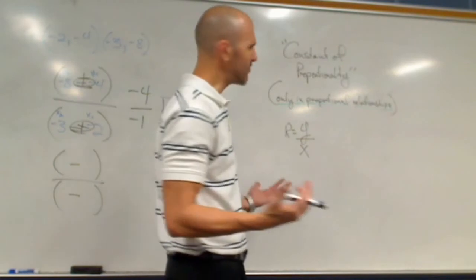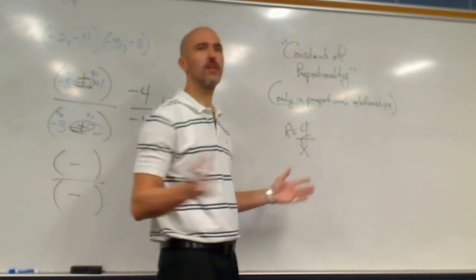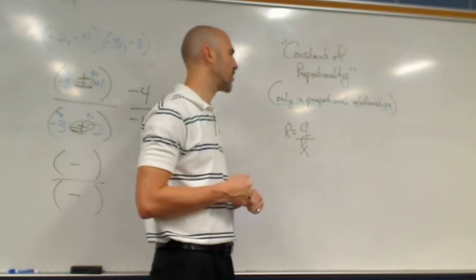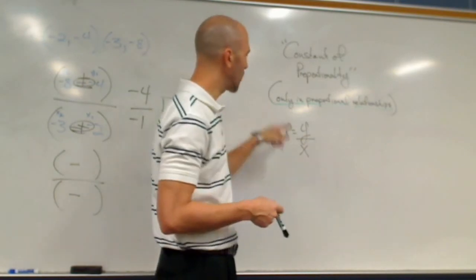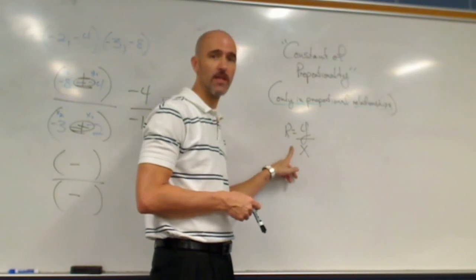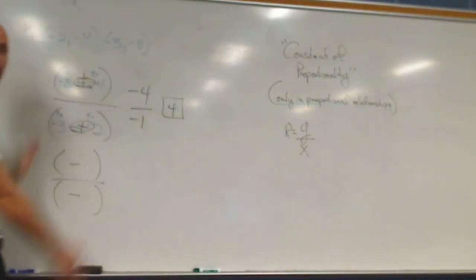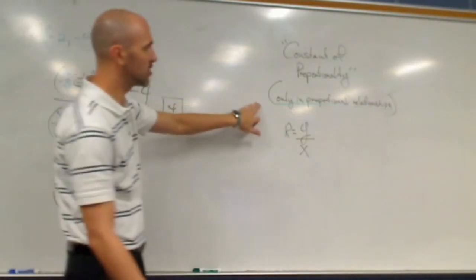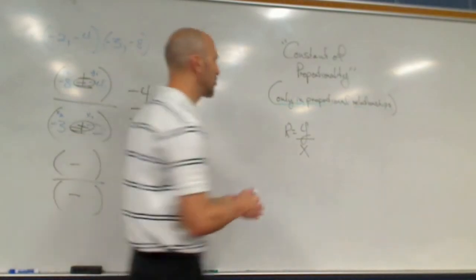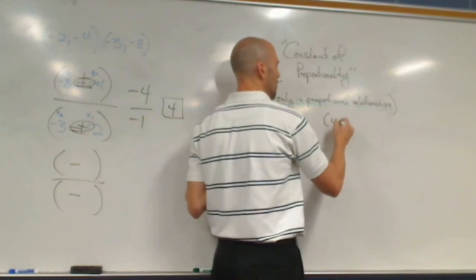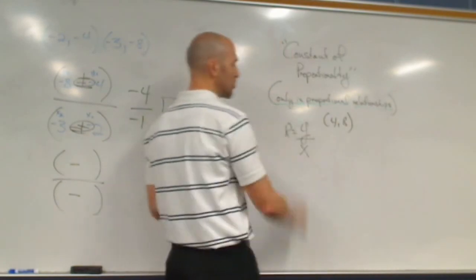So why does that help us out? With all these other crazy names for slope, why do we have to have another one? Here's why. If it's a proportional relationship, you don't have to do the y2 minus y1 and all of that stuff. In other words, we don't have to go through all of this if it's a proportional relationship. You just need one coordinate. So for example, let's say your coordinate was 4, 8. All you do is you put the y over the x.